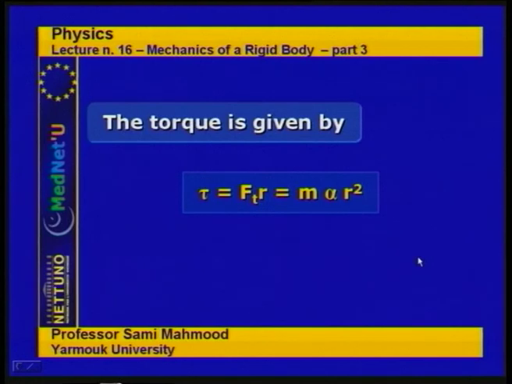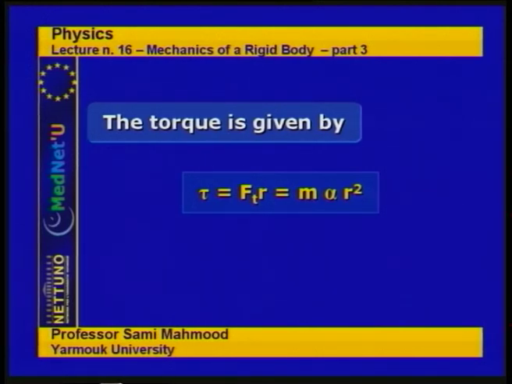The torque is equal to simply the tangential component of the force, tangential to the arc of course, F sub t times r, because these two quantities are perpendicular to each other, and the radial component of the force introduces no torque, so that's all the torque that we have. And this quantity can be rewritten in the following fashion.